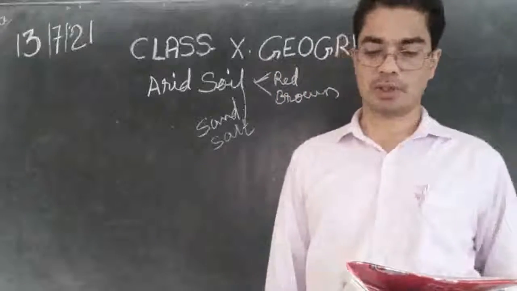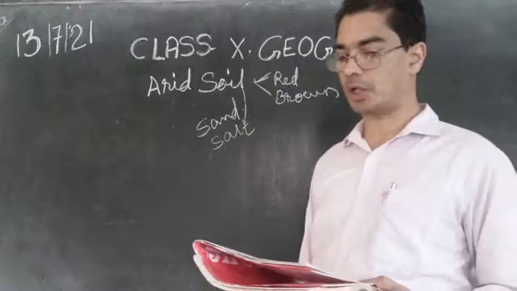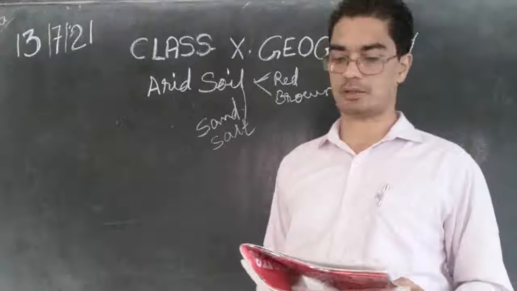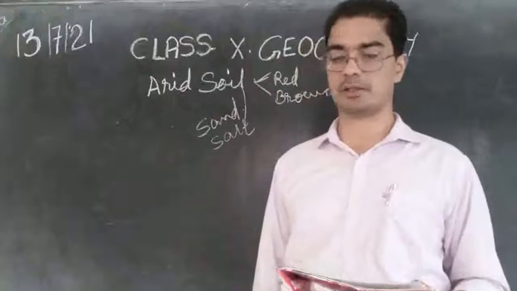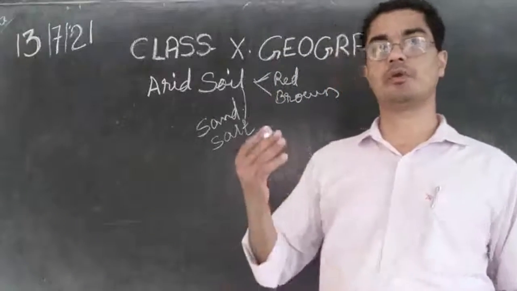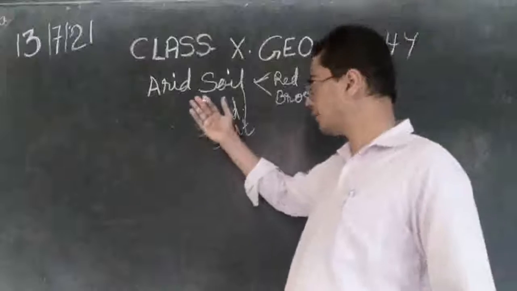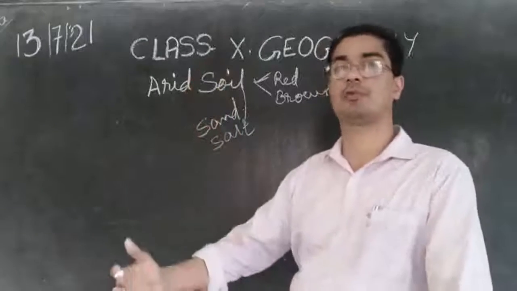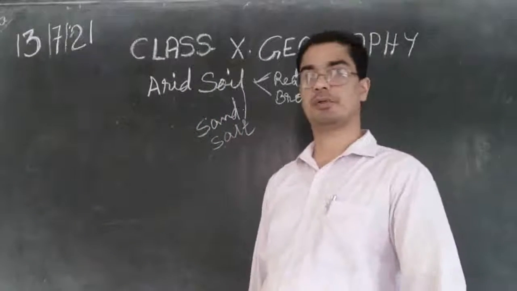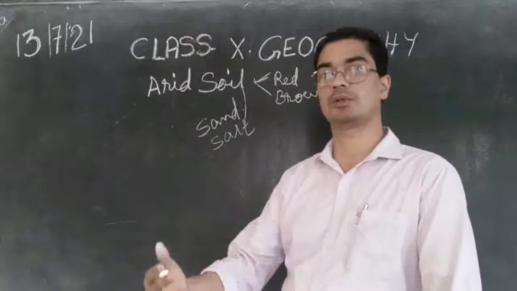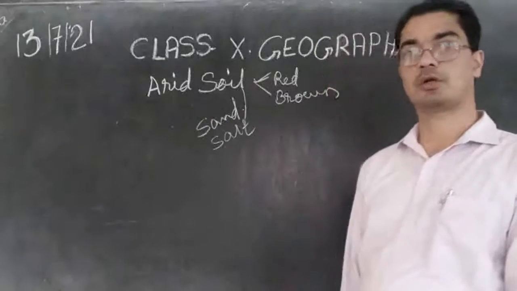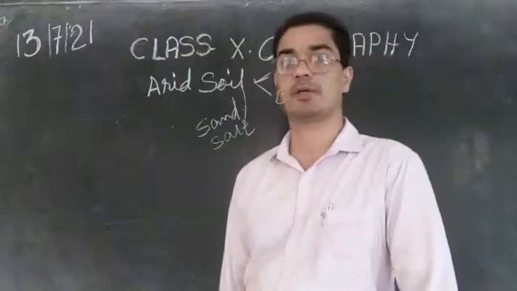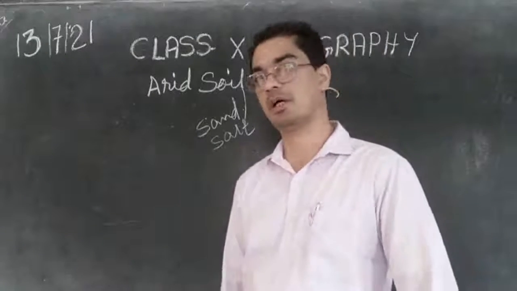And the lower horizons of the soil are occupied by kankar because of the increasing calcium content downwards. If you go down in the arid soil, the lower part, if you dig deeper, what will you find? You will find the soil called kankar. What is kankar?